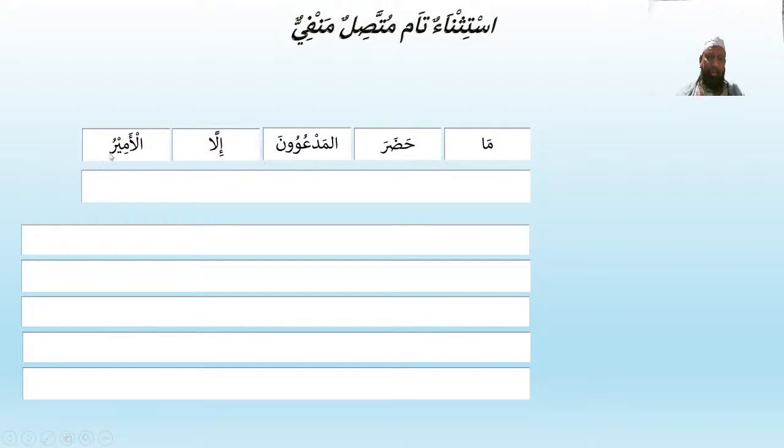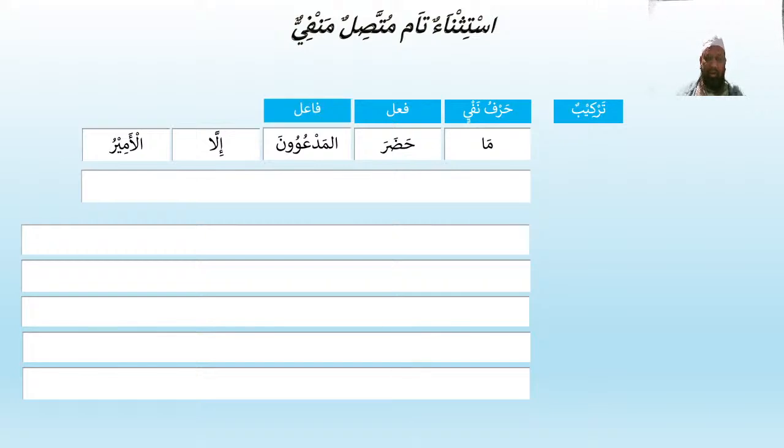So when we make the word amir in rafa case, it will show its i'rab with the dhamma. ما حضر المدعوون إلا الأمير. تركيب: حرف نفي ما، حضر فعل، and then المدعوون فاعل، إلا حرف استثناء، and الأمير بدل.